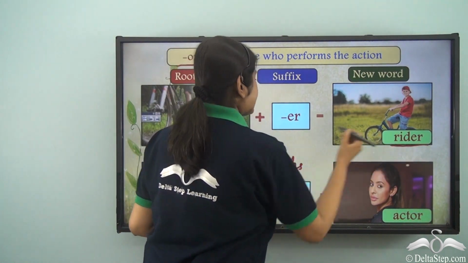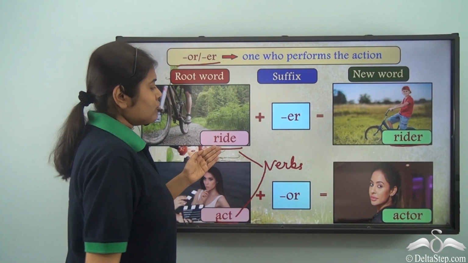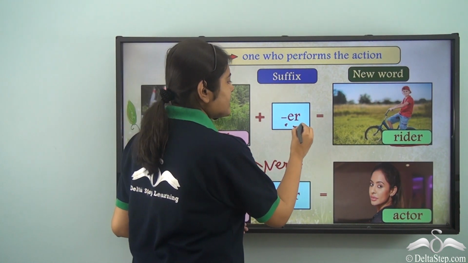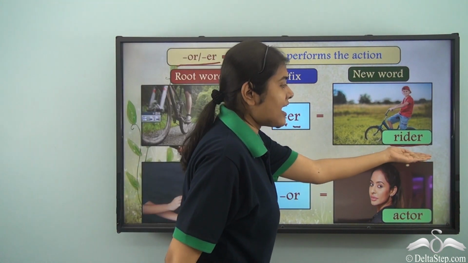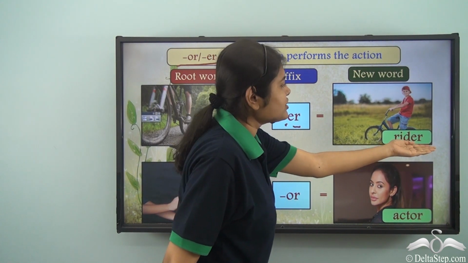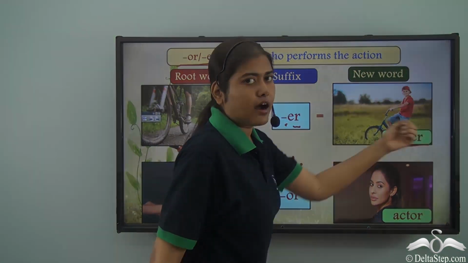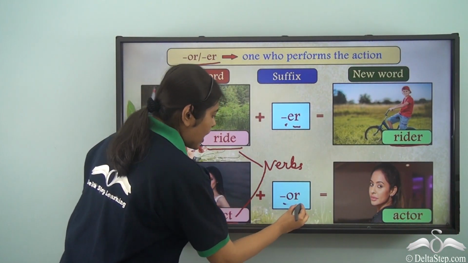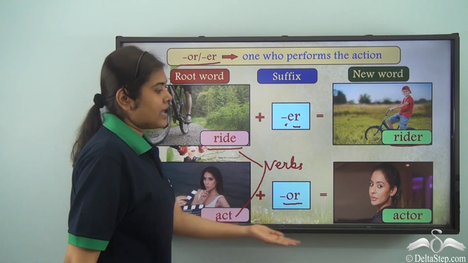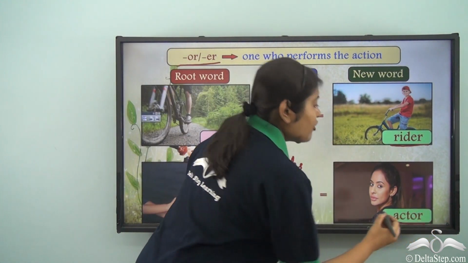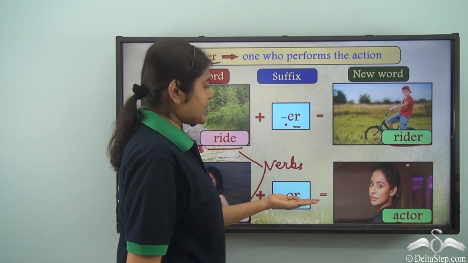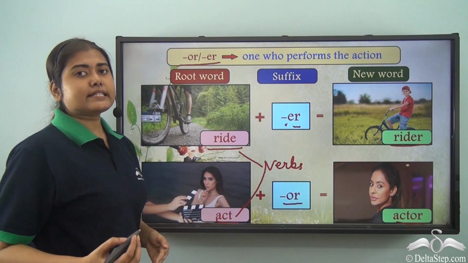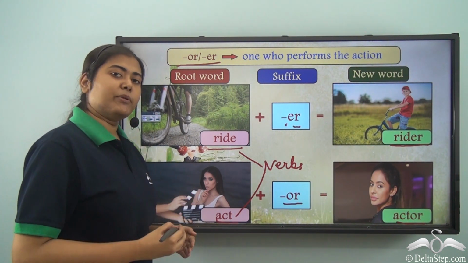So one who rides is a rider. Now note, the verb ride already has an e and we have an er. But we do not have double e for rider. We just have one e and then r. Similarly, we get actor by adding or to the verb act, and the meaning of actor is one who acts. So when I add or or er to the verbs, we get the person who is performing the action.